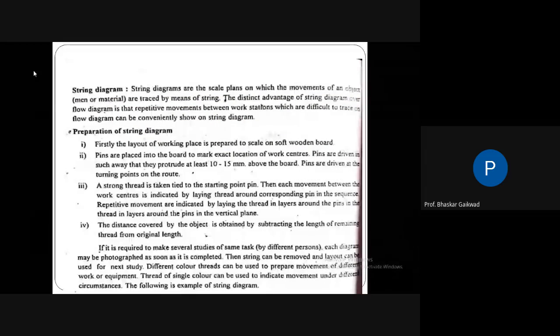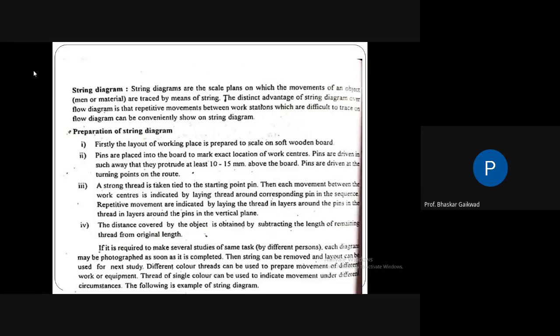Whenever it is not possible to trace the movement of the man or materials on the shop floor, or sometimes if it is overlapping, then we will go for these string diagrams. Two diagrams are there, the flow diagram, which is also used for measurement of movement of man or material. But what is actually the difference between flow and string diagrams?